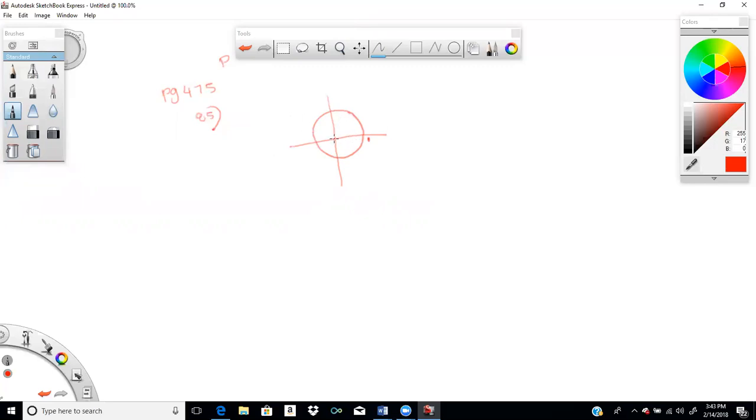Now they shade it, and this is the picture that you see. They have a triangle drawn here.